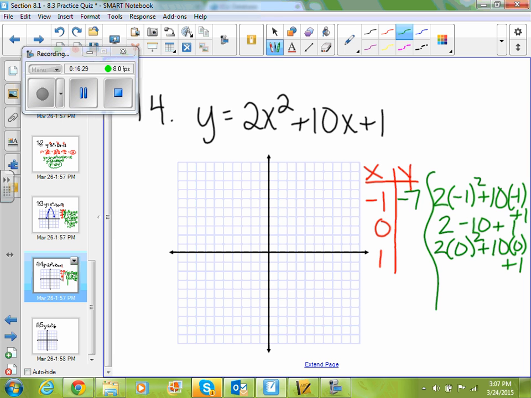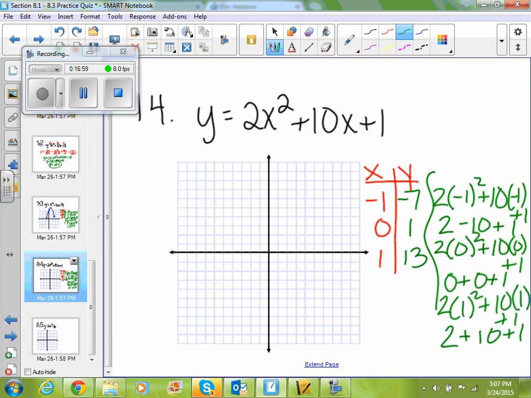Well, 0 squared is 0, times 2 is 0, 10 times 0 is 0, plus 1 is 1. Okay, and then lastly, if I plug in 1, 2 times 1 squared plus 10 times 1 plus 1. Well, 1 squared is 1, 1 times 2 is 2, 10 times 1 is 10, so 2 plus 10 plus 1, 13.